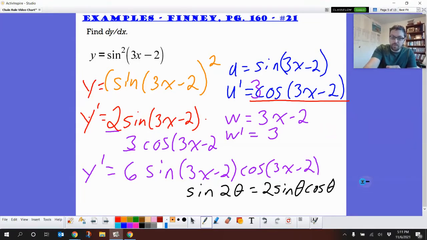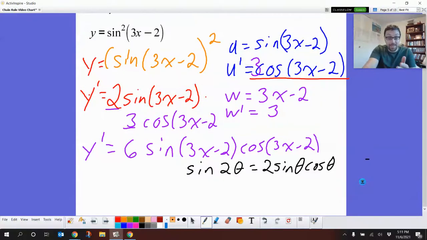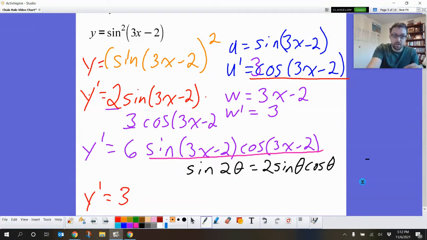Depending upon what this problem is looking for, it may be multiple choice with a different option. They may give you a goofy thing like this, and break that 2 and 3 back up, keep this 3, and make this 3 sine of 3x minus 2 and cosine of 3x minus 2, and that 2 into a sine of 2 times that 3x minus 2.